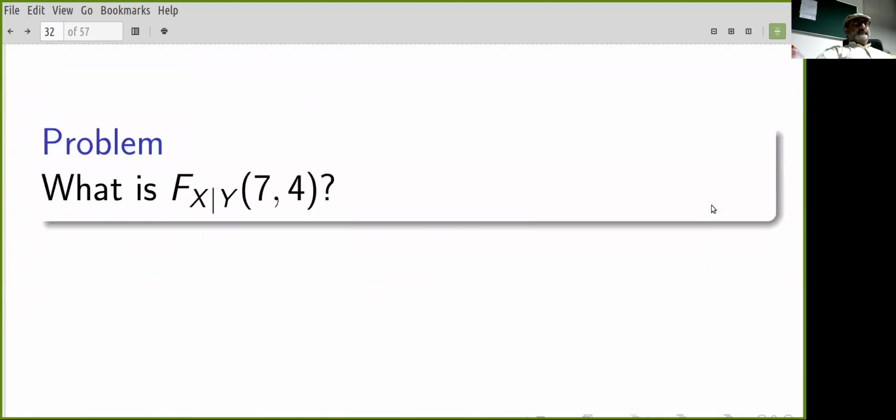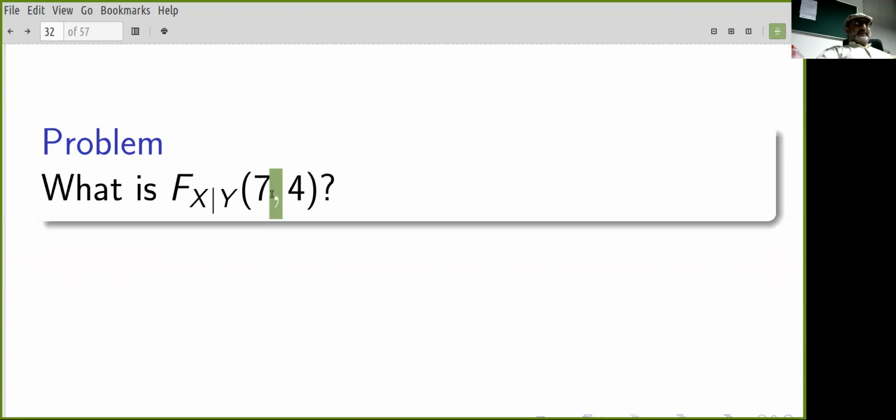So this notation, the cumulative PMF for x given y, evaluated at 7, 4. This should be a straight line here, not a comma. For 7 given 4. What does that mean? That's the probability that x is less than or equal to 7, given that y is equal to 4.